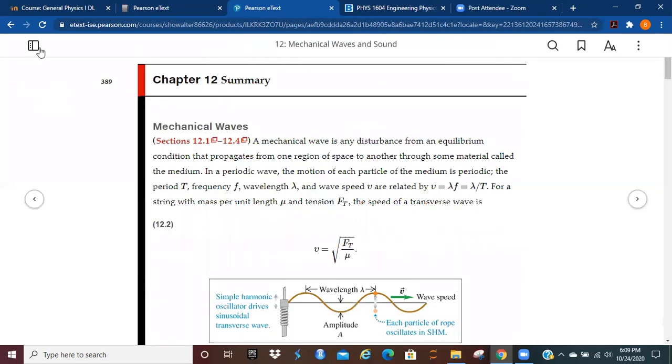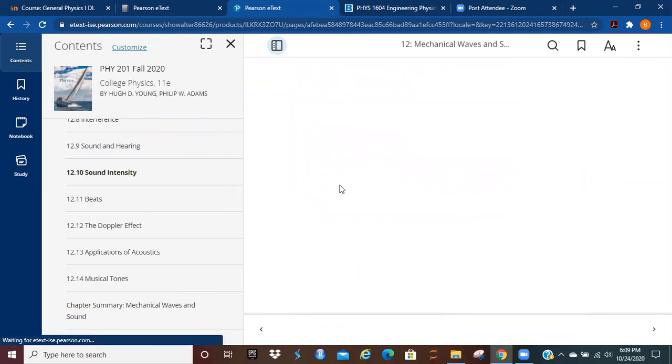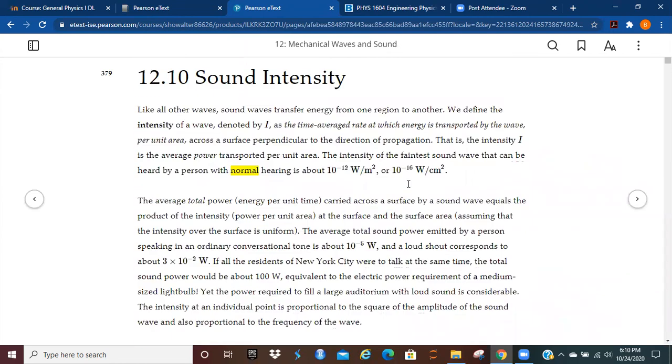So let's go to section 12.10, sound intensity. All right. Sound waves transfer energy from one region to another.